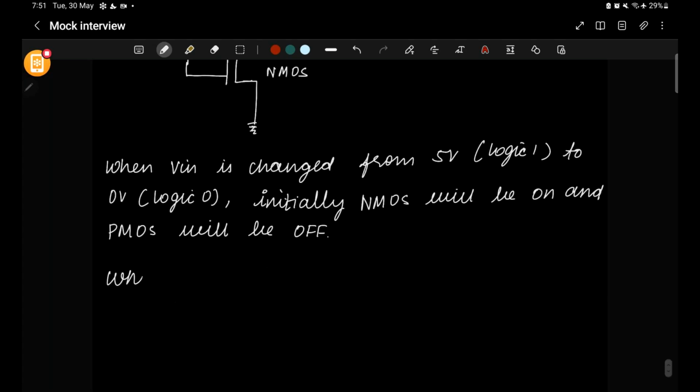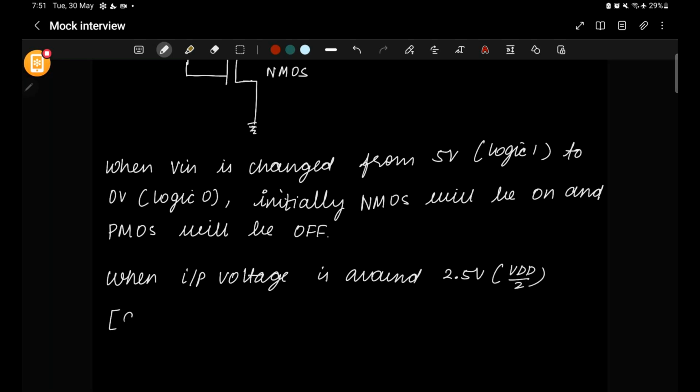Now, when the input voltage is around 2.5 volt, which is VDD by 2, assuming VDD is 5 volt, what will happen at this time? Both NMOS and PMOS will be in their saturation region.